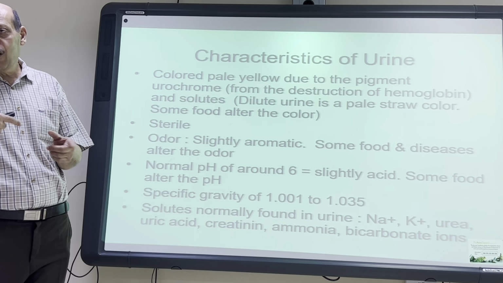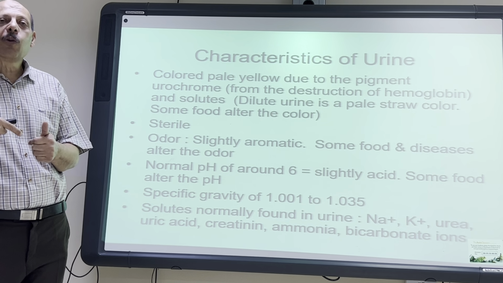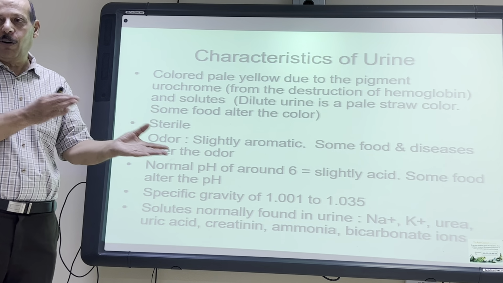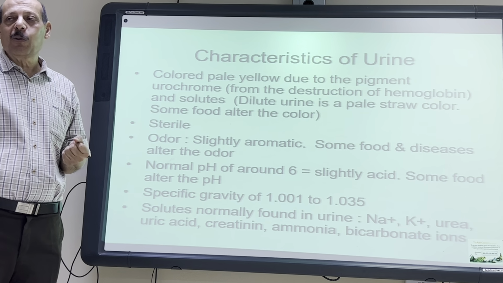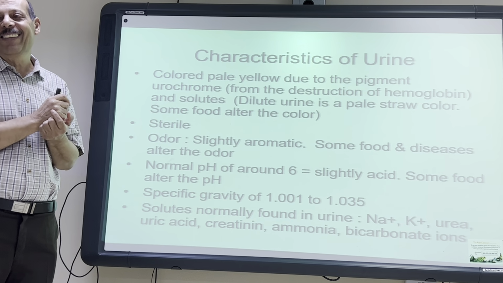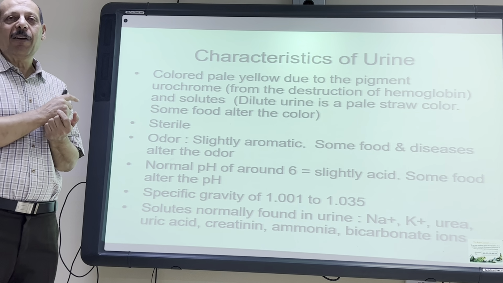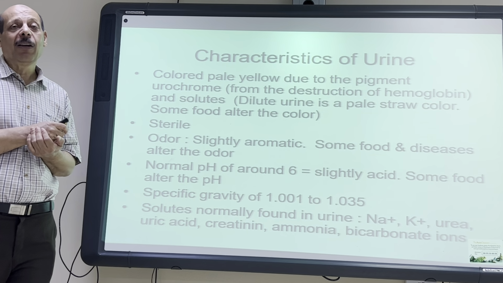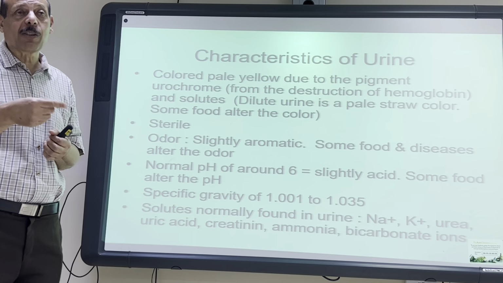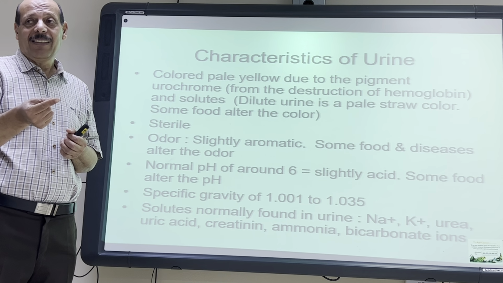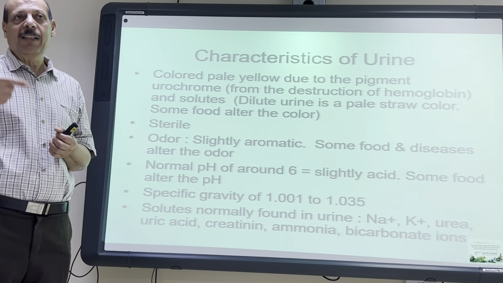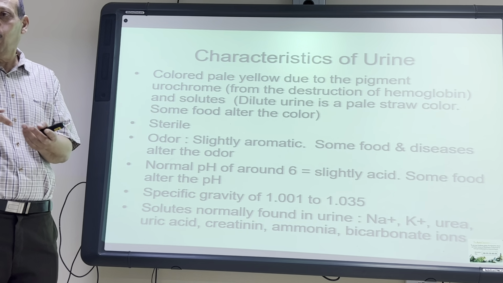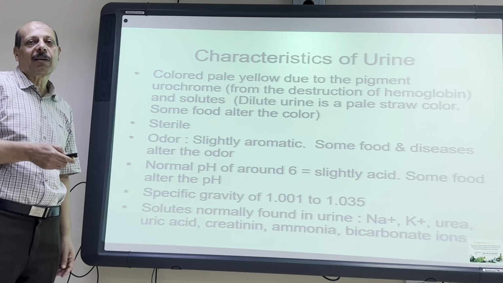So when you see any change in your urine, before thinking that you are sick or having something, refer back to what you ate during that day. It might be affected by the color of the food that we are taking, or if we are also adding some artificial dyes to our food sometimes, they might appear in our urine.